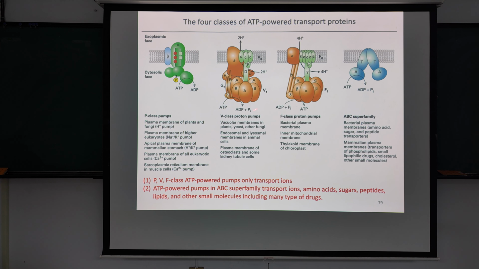These three classes can only transport small things, ions. But the ABC superfamily can transport a lot of different things. They can transport drugs, molecules, sugar, peptides, and a lot of other things. But those three only transport ions.